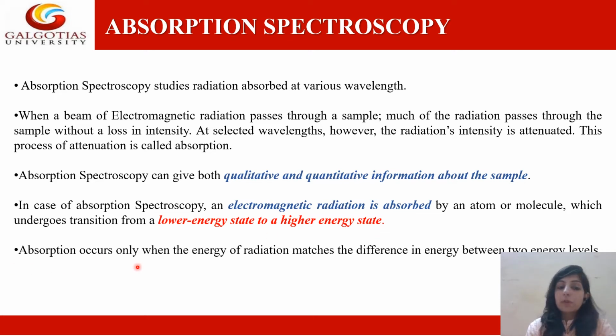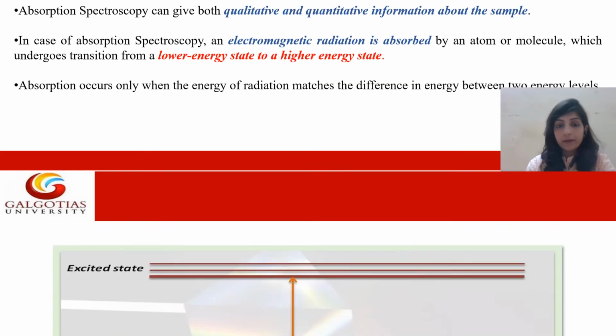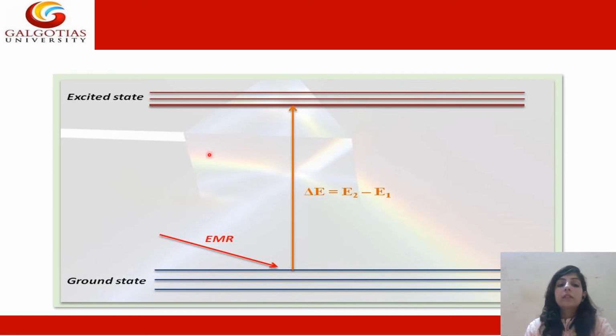Now absorption only occurs when the energy of radiation matches the difference in energy between two energy levels. So we have a basic criterion, that the energy of electromagnetic radiation must match the energy difference. We can see here clearly that these are your molecules, present at the lower energy state, that is the ground state.